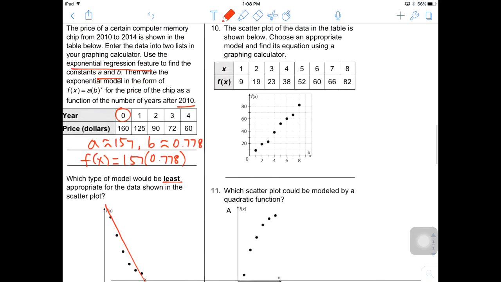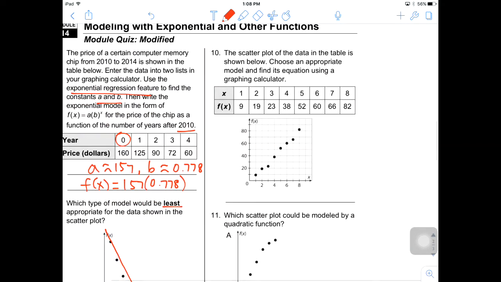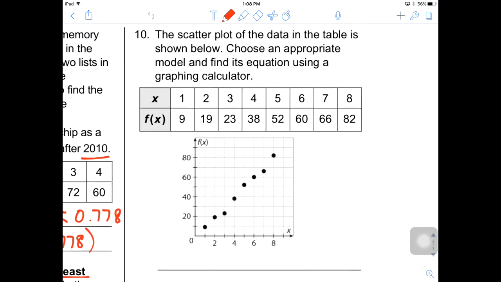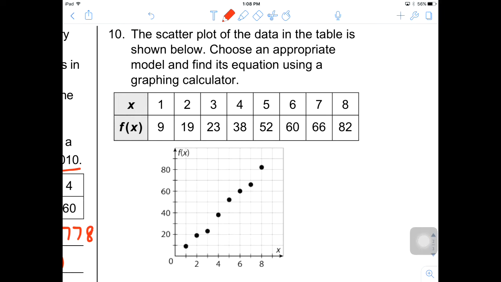So that's number 9. Number 10, here we have a scatter plot again. Choose the appropriate model and find its equation using a graphing calculator. So if you take a look at this set of dotted lines, I think the best model to fit it should be a linear regression.